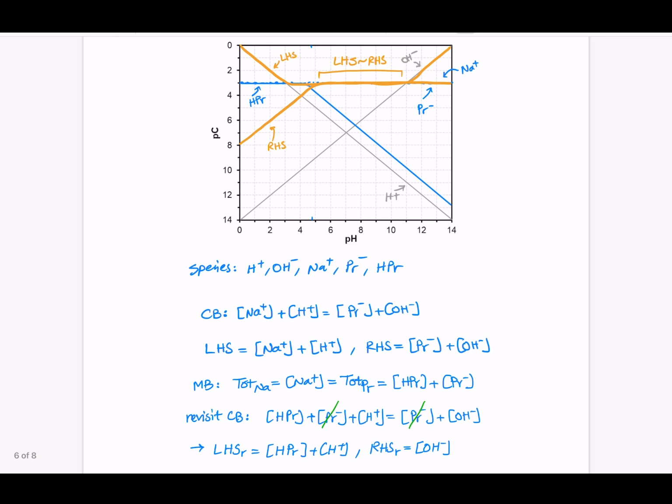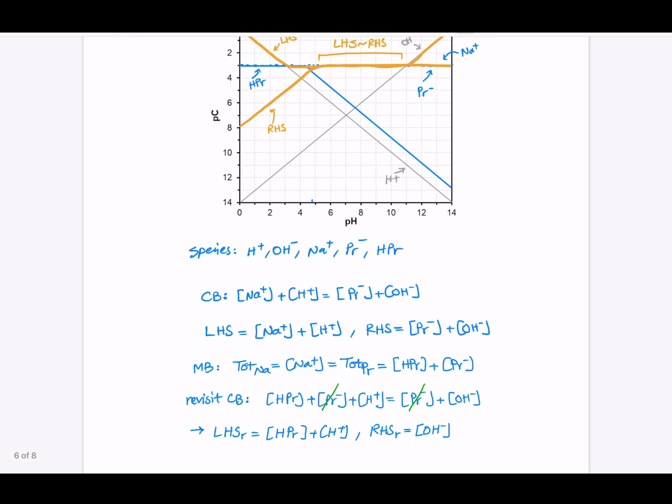So now let's draw the revisited LHS and RHS. To go with LHS, it's basically the HPR and H plus line. So this would be HPR. This would be the H plus line.